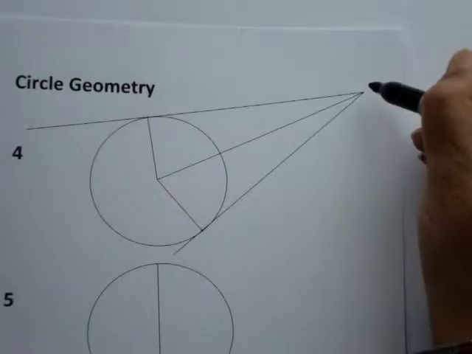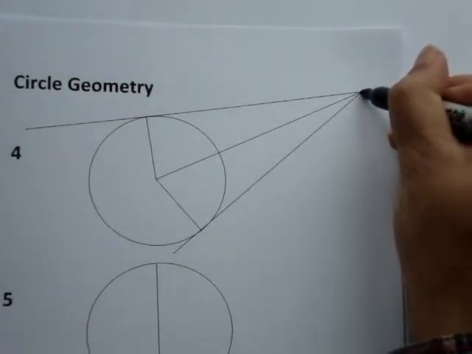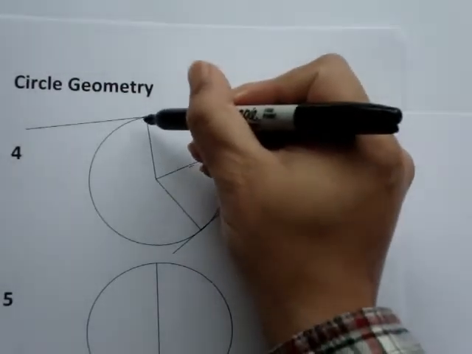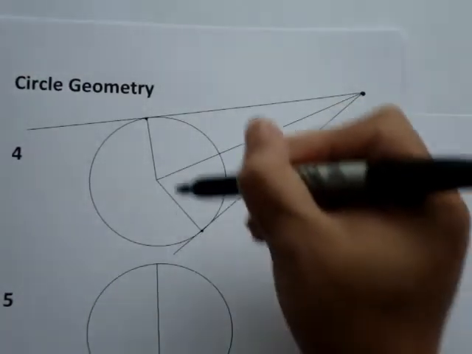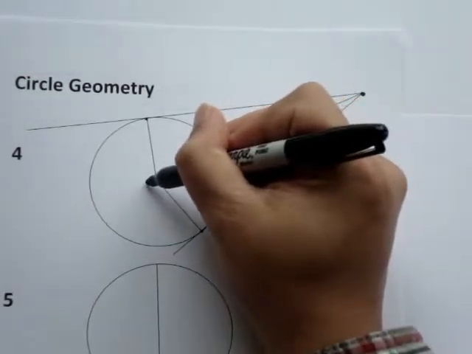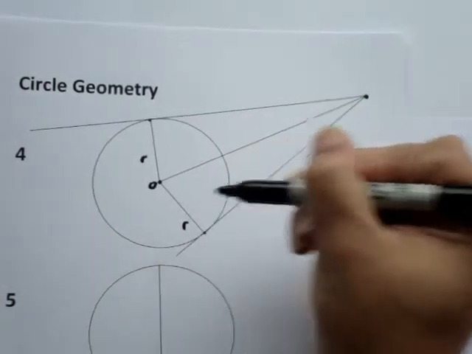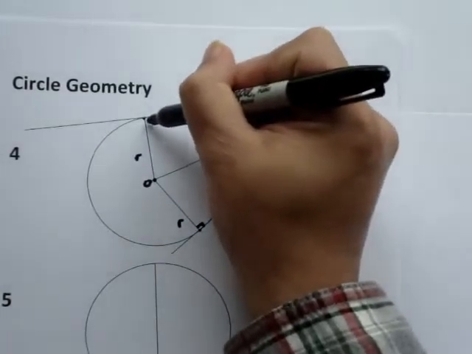Number 4. If we have 2 tangents from the same point, where they meet the circle at this point and this point, we draw from the center of the circle 2 radii, same length, they meet the tangents at 90 degrees.